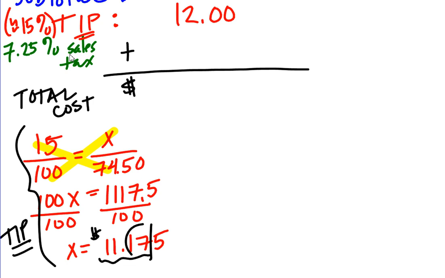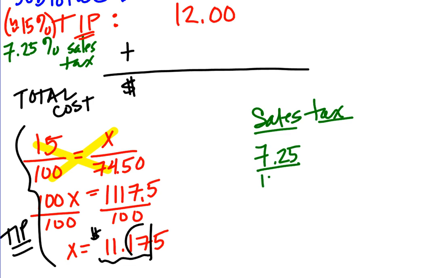Now let's do sales tax. Let's change my color here, and we're going to find sales tax. And we're going to do the exact same thing we just did, except instead of 15, I'm going to use 7.25%. So over 100, and I'm going to be trying to figure out how much that is of $74.50. So I'm going to cross multiply once again.